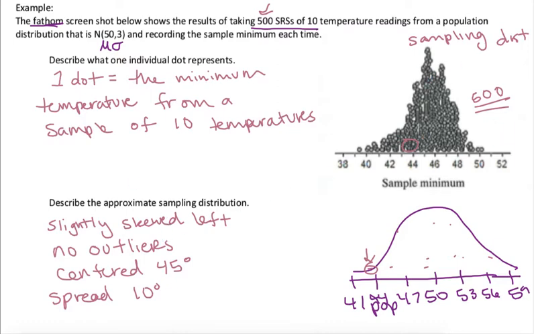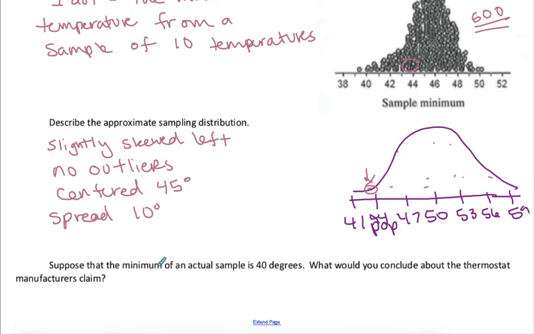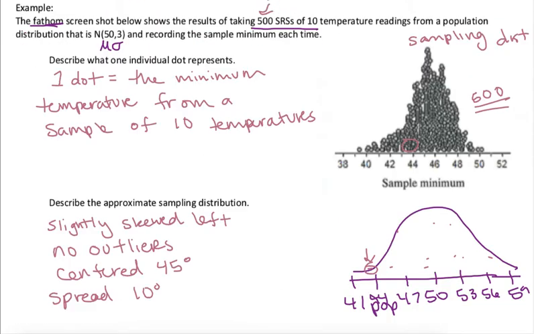And so the follow-up question here says, suppose that the minimum of an actual sample is 40 degrees. Okay, so when it says actual, we have this idea where we are simulating it. I almost put pretend. But we're doing a little bit more than just pretending. We're simulating this scenario. And so when we have simulated this, this is what we would get.